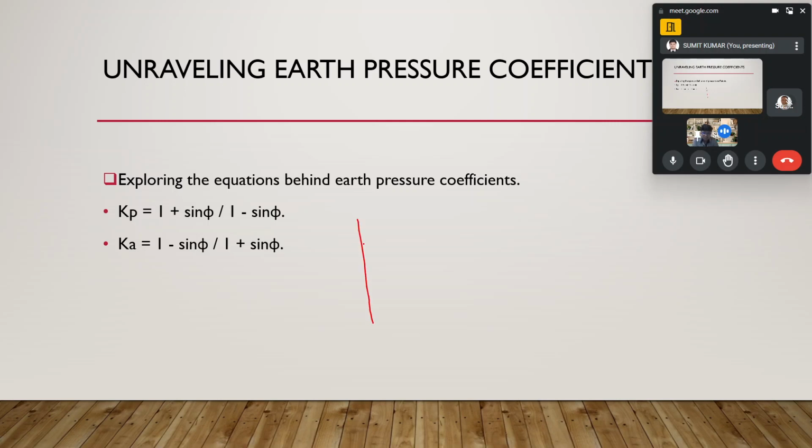Suppose this is a wall, and over here there is soil. When the wall is moving in this direction, away from the soil, this is said to be the active state.